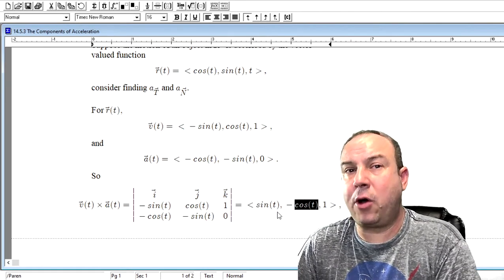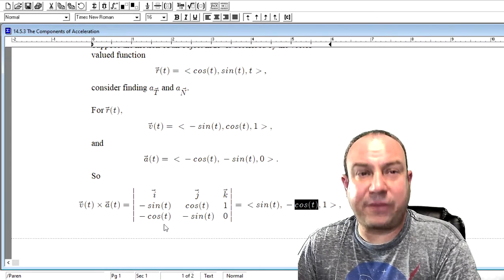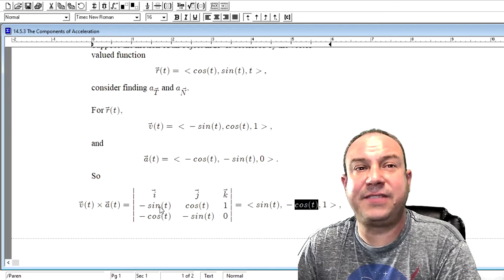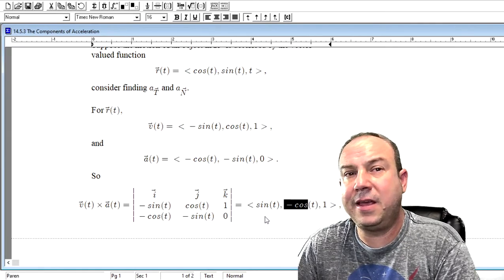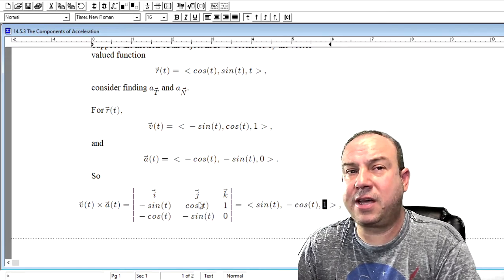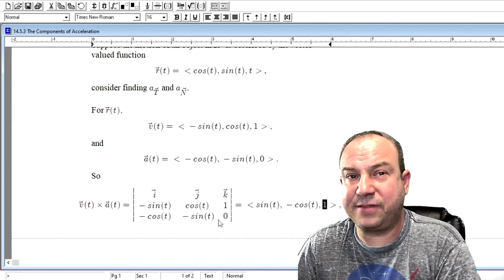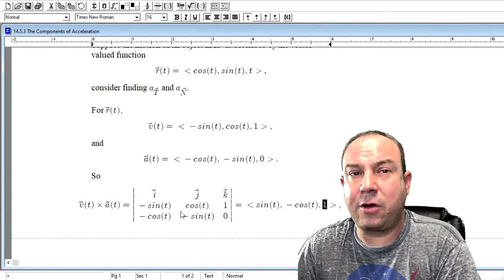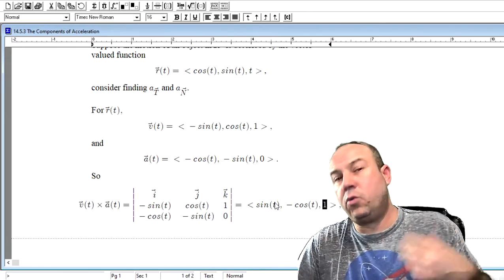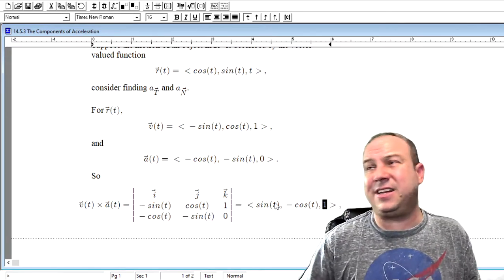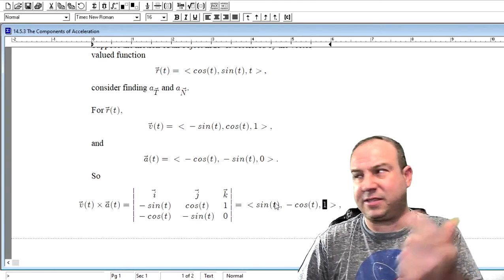The second component is 1 times negative cosine t minus negative sine t times 0, which is just negative cosine t. And the third component comes from negative sine t times negative sine t minus negative cosine t times cosine t, which produces that Pythagorean identity, sine squared t plus cosine squared t, which simplifies to the value of 1.